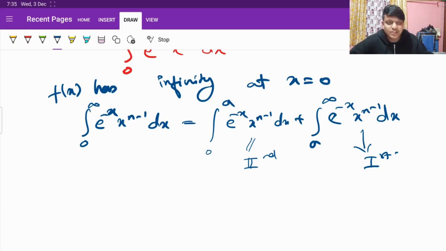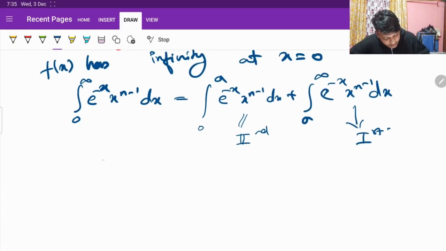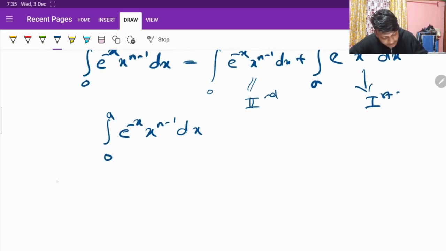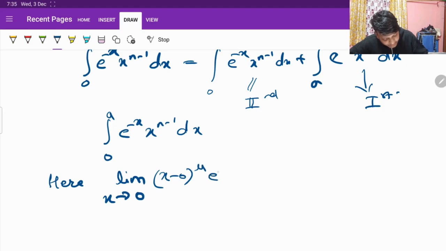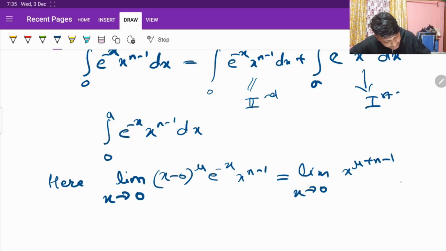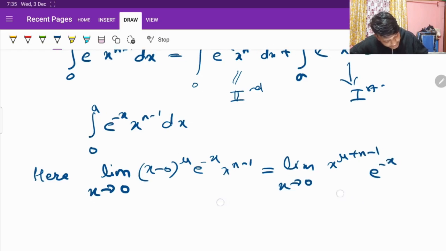Because it is excluding 0. So now let me do it for this again. Here if I take the limit x tends to 0, because here also we have the discontinuity point as 0, so x minus 0 to the power mu times e to the power minus x, x to the power n minus 1 is going to be the limit x tends to 0 of x to the power mu plus n minus 1 times e to the power minus x.